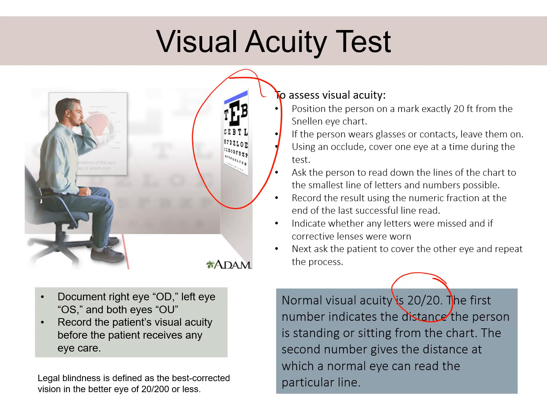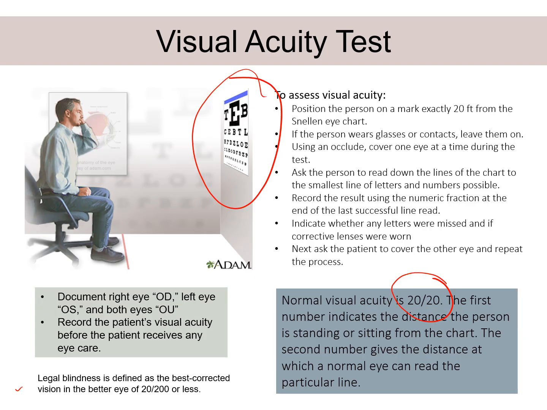The higher that second number, the poorer the vision you have. If you have 20/50, you're still standing 20 feet away from the Snellen chart, but somebody standing 50 feet away can see what you're seeing at 20 feet. So just remember that second number. As it gets higher, the worse the vision is.